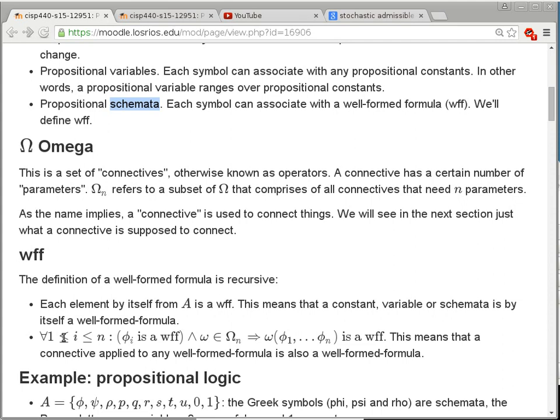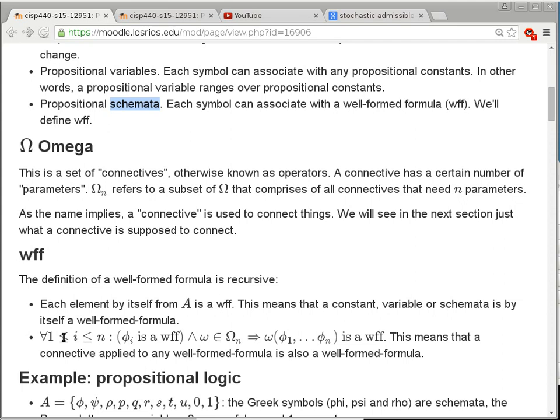The propositional logic system can only deal with statements. So P, Q, R, and so on, each one can represent a particular statement, but we don't have the ability to indicate A is less than B. That is not within the ability of propositional logic.